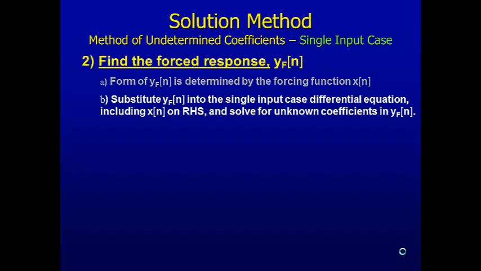So this forced response has to be a solution to y_f of n plus 1/2 y_f of n minus 1 equals x of n. I took my single input case difference equation, made the forced response the output, and I'm going to use the real input.